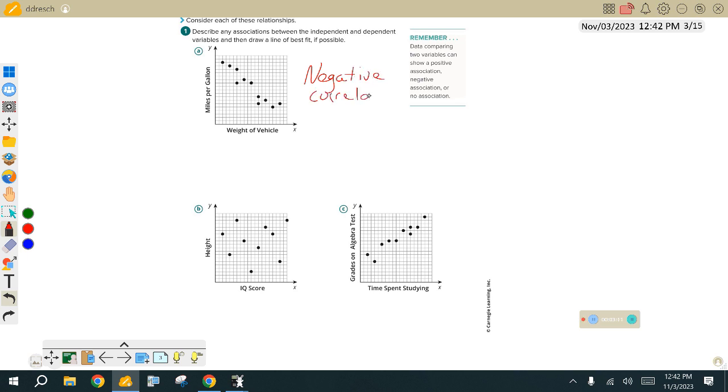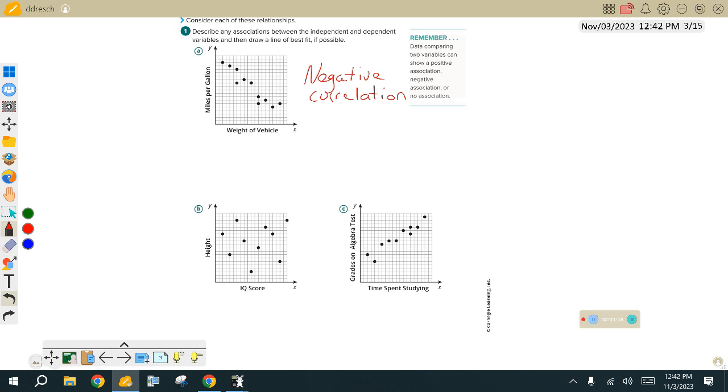Now, we got some labels here, don't we? Let's think about this. What do we have? The weight of the vehicle and the miles per gallon. What usually happens with the weight of the vehicle and the miles per gallon? The heavier the vehicle gets, the slower it gets, or the lighter the vehicle gets, the better gas mileage it gets, right?